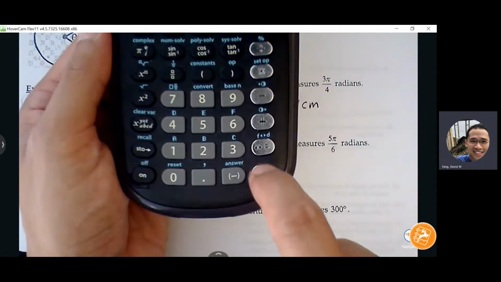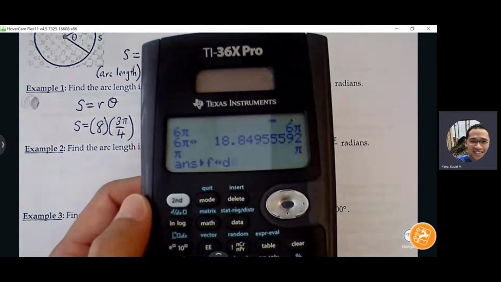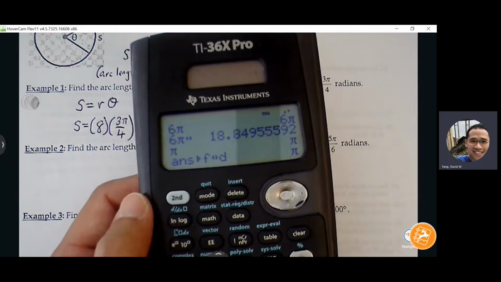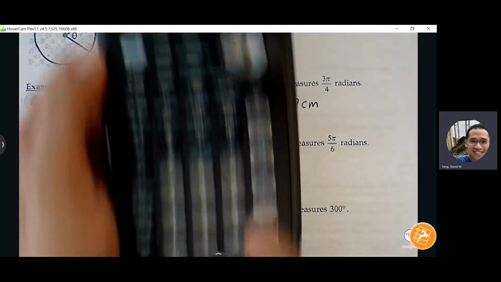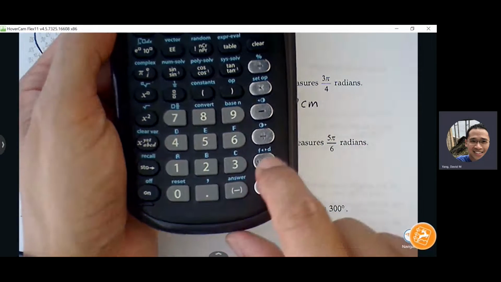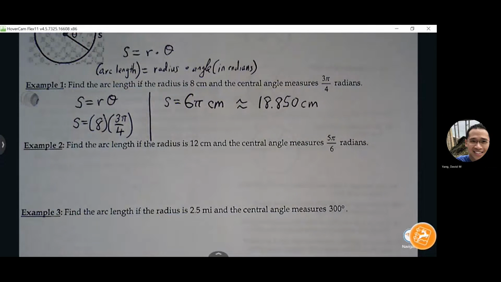And if it doesn't give you a decimal, you can always hit that fraction button, second FD, and that'll give you a decimal value. Or if you just hit it once, it'll convert it to a decimal. So, try example 2. Should be straightforward, like number 1.